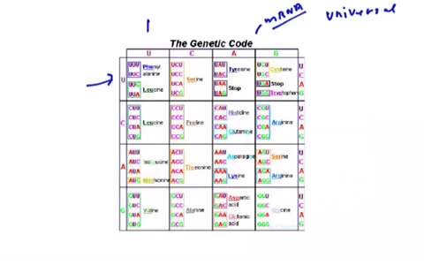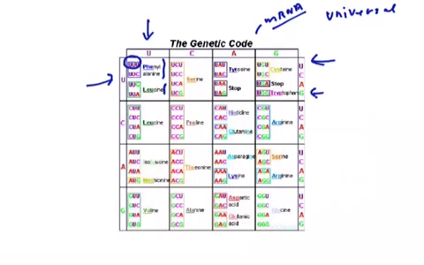So U, U, U. You see that here, U, U, U is a triplet code, and corresponds to the amino acid phenylalanine, as you can see here. U, U, G corresponds to the amino acid leucine, and so on.